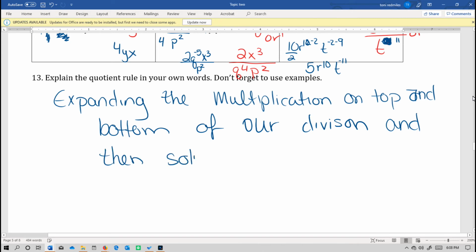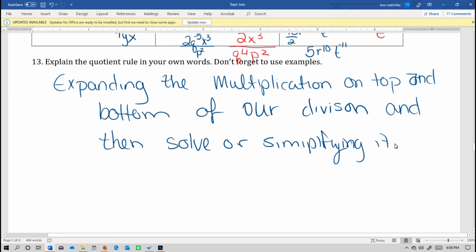I should put solve because there are times we can solve, or simplifying it. All right, so as long as you have some kind of variation of that, you are correct.